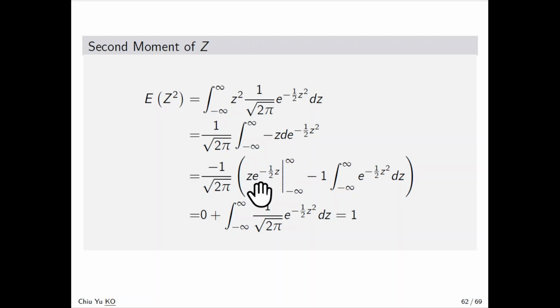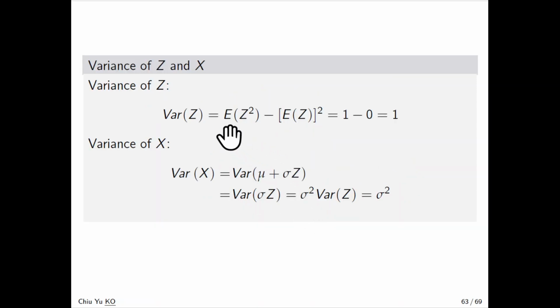And the same concept as before, this will be 0, 0 minus 0, and this one you get in, right? This guy is exactly the distribution function, you integrate, it becomes 1. So the variance of Z is expressed as E[Z squared] minus this guy, which is 1 minus 0, that's 1.